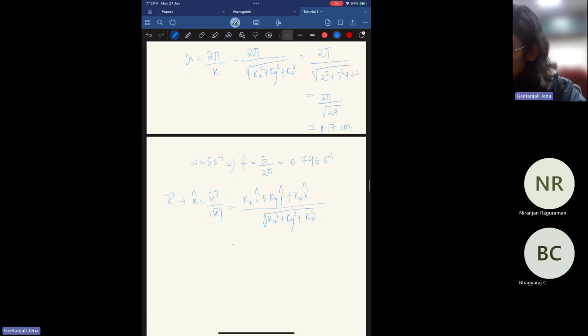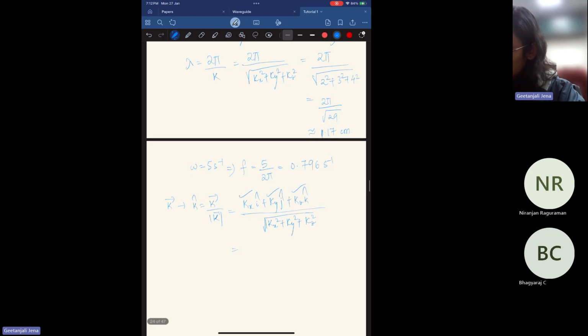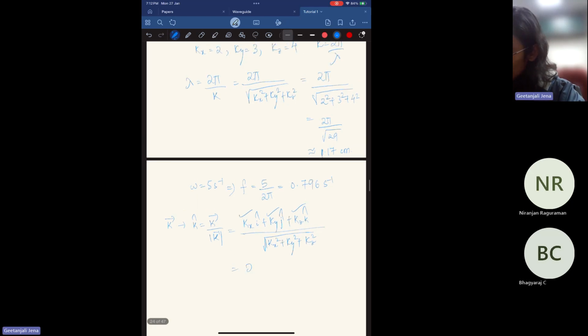This you can easily calculate. It's already given: 2 by root 29 i cap plus 3 by root 29 j cap plus 4 by root 29 k cap. So this is the unit vector along the direction of the propagation.